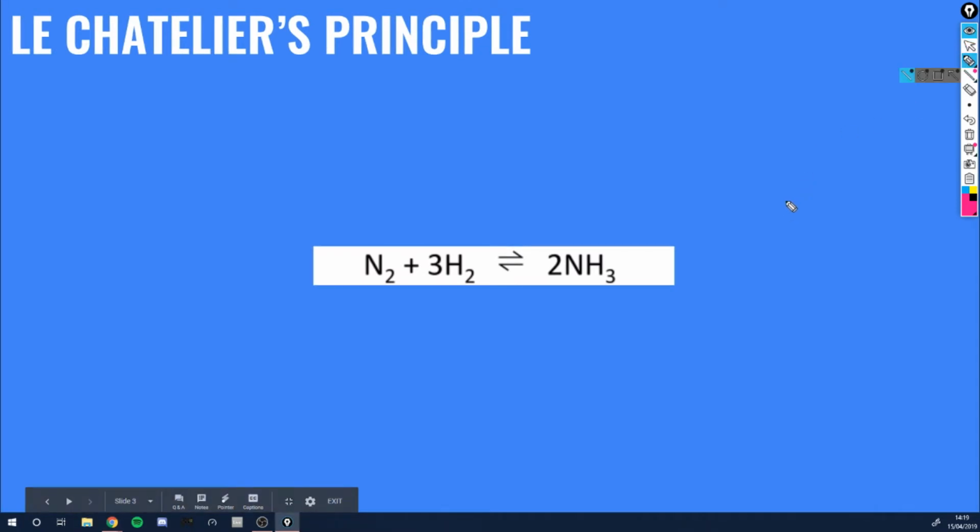So next is Le Chatelier's principle. Now this is higher tier only, so you don't need to know this per se. So with Le Chatelier's principle, it involves being able to predict what will happen if you change the conditions inside a closed system of a reversible reaction.